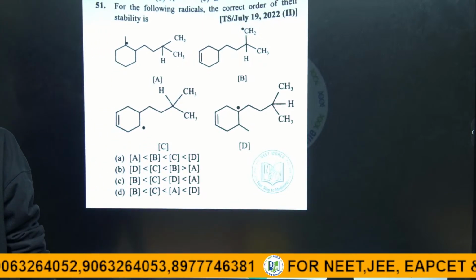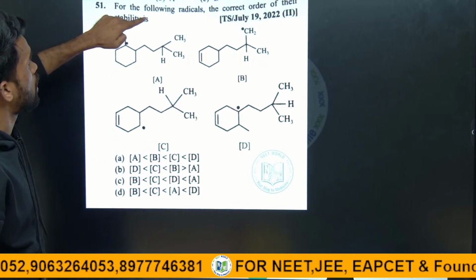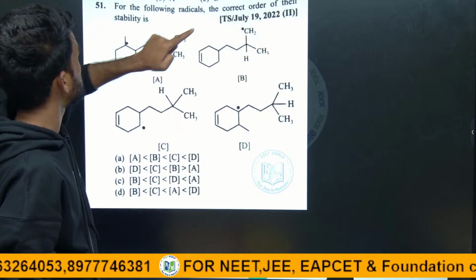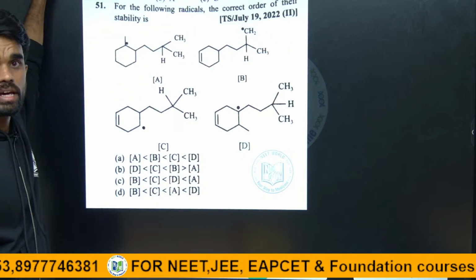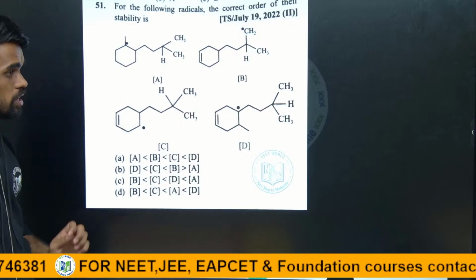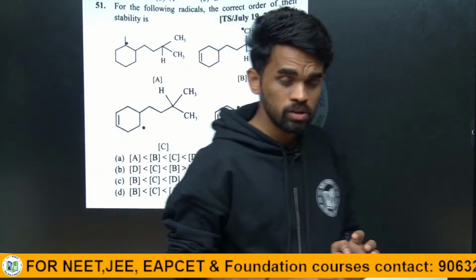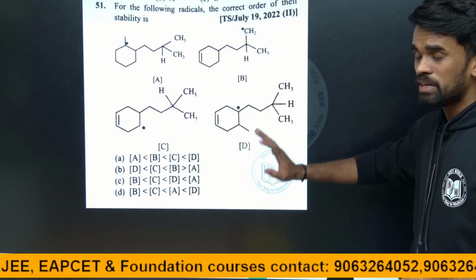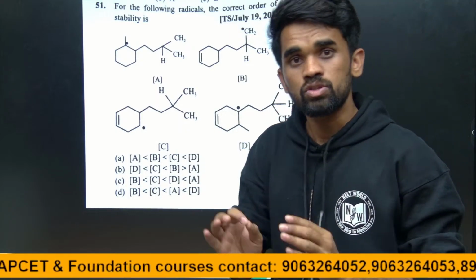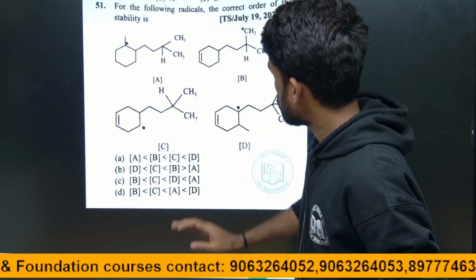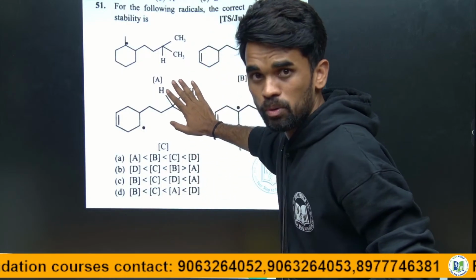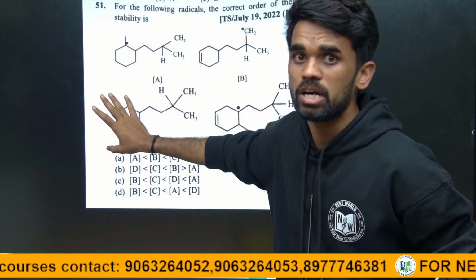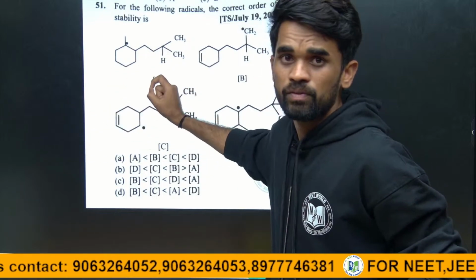Here, for the following radicals, what is the correct order of their stability? With this question, I wanted to tell you that whatever we have practiced till now is enough, I hope. Whatever questions I am projecting here, take screenshots of those and try from your side.